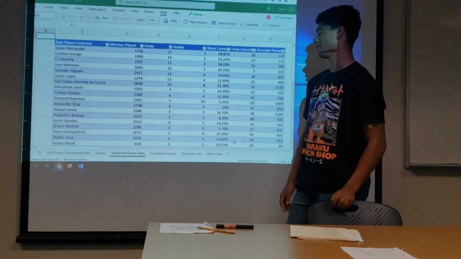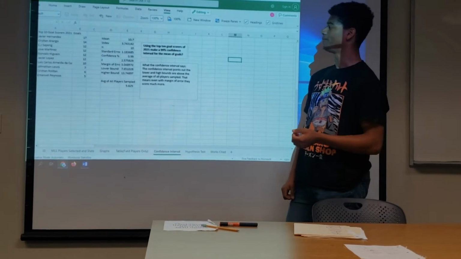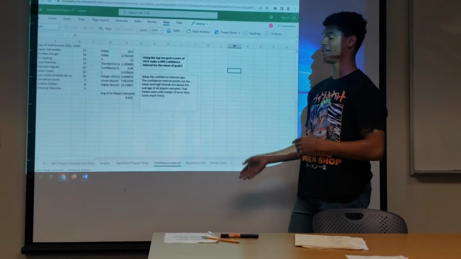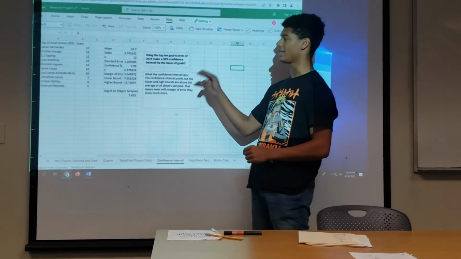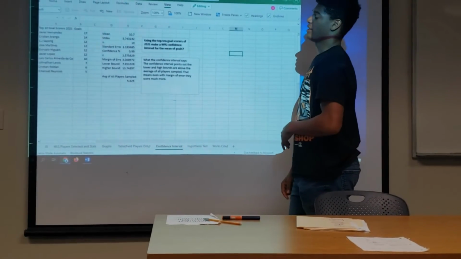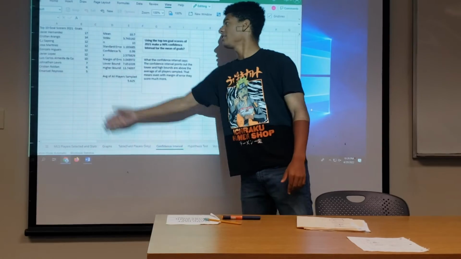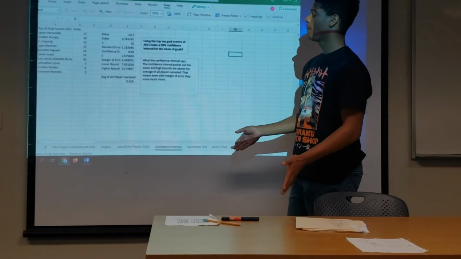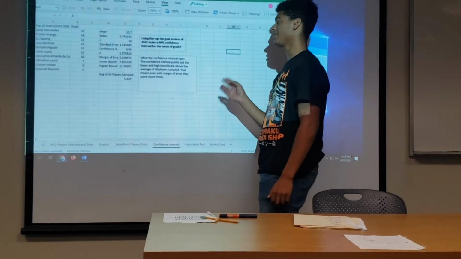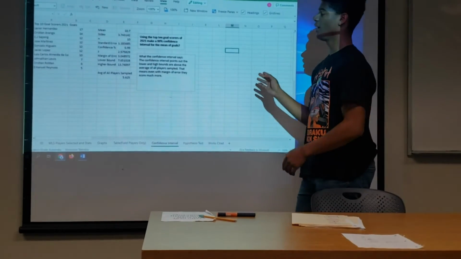For the confidence interval, instead of using all of the players to try to find it, we only took the top 10 goal scorers of 2021. And so, basically, we're going to try to find a 99% confidence interval for the mean of goals.